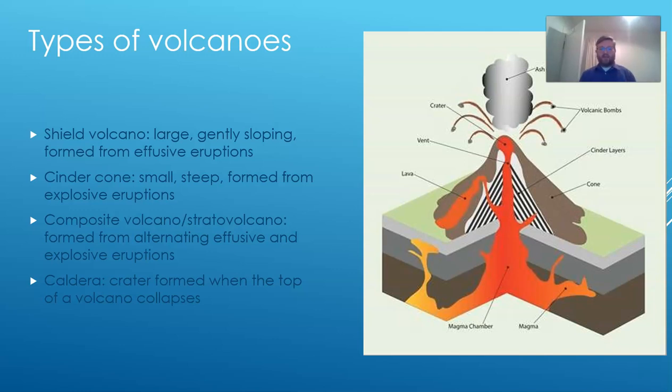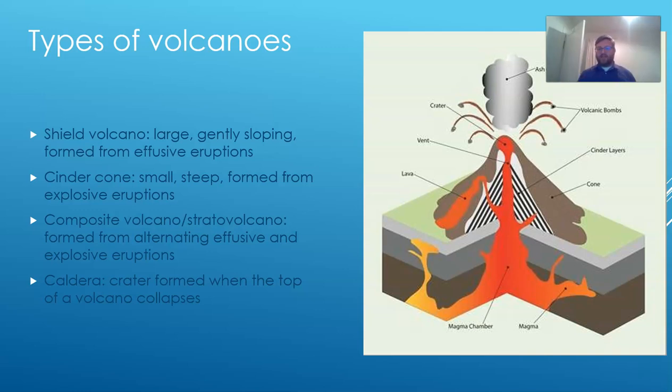So it will have some explosive eruptions that pile up sort of a steep cone of material, and then it will have some effusive eruptions where lava just runs down the side of it and hardens into a lava layer over that.